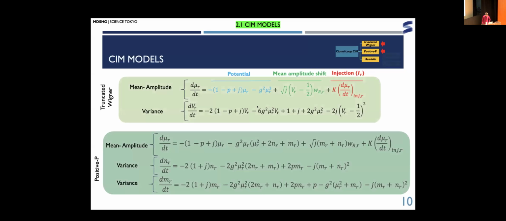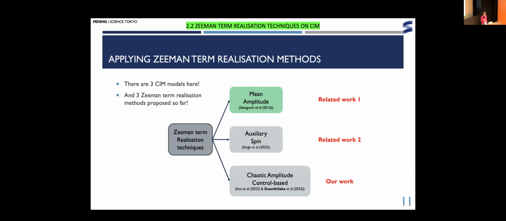The truncated-Wigner and positive P approximated stochastic differential equations can be stated like this. As you can see, these are quite complicated to simulate numerically. But with these two models, there have been methods, the mean amplitude and auxiliary spins and chaotic amplitude control, proposed to deal with Zeeman terms.